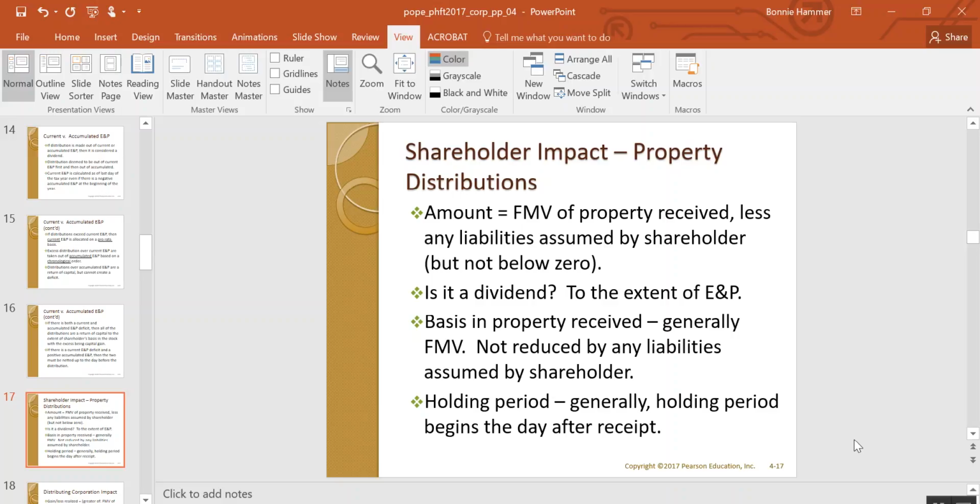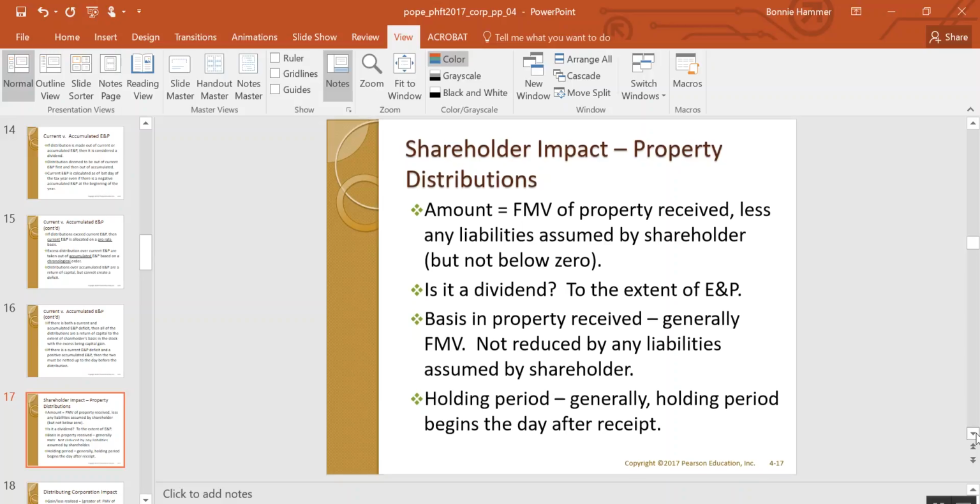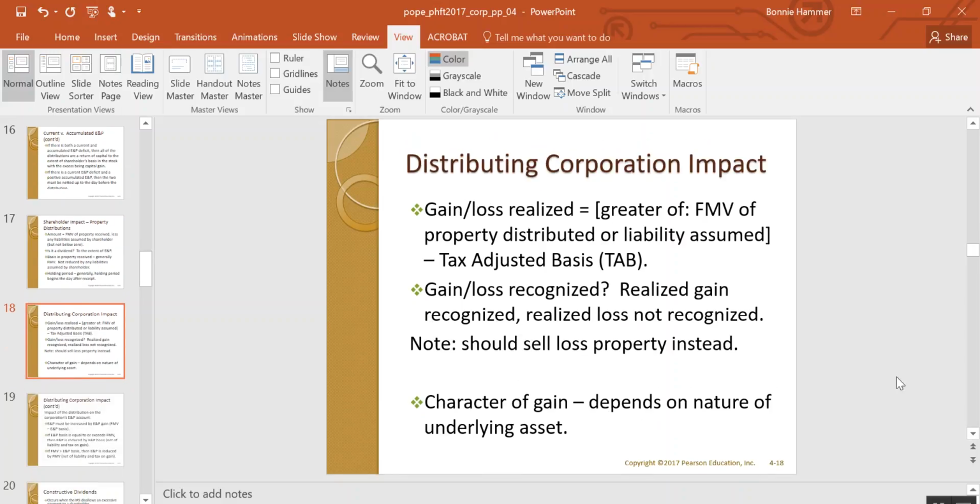And then to determine if it's a dividend, we look at our E&P. The basis in the property received is generally going to be the fair market value, and it is not reduced by any liabilities assumed by the shareholder. The holding period is going to begin on the day after receipt. So we now know we do not take a carryover in the holding period. We actually start fresh.